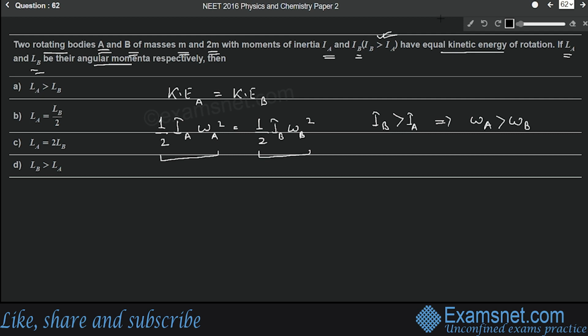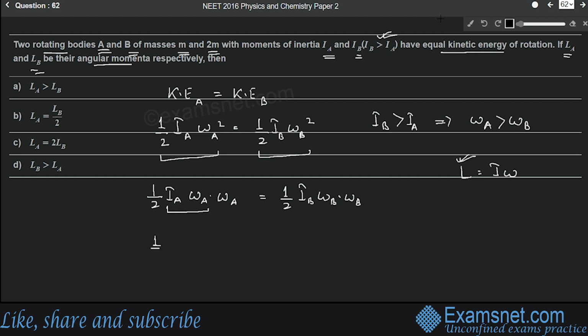Now, we know that angular momentum is equal to I into omega. So on the left hand side, we can write half IA omega A into omega A, since omega A square can be written as omega A into omega A. Similarly, on this side, half IB omega B into omega B. Now this IA into omega A can be written as angular momentum LA.